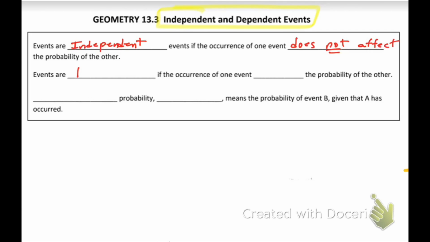We say events are dependent if the occurrence of one event affects the probability of the other.